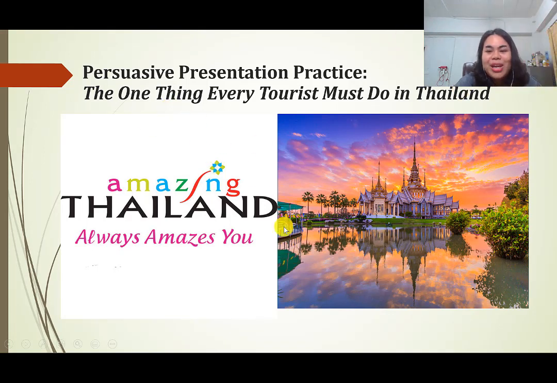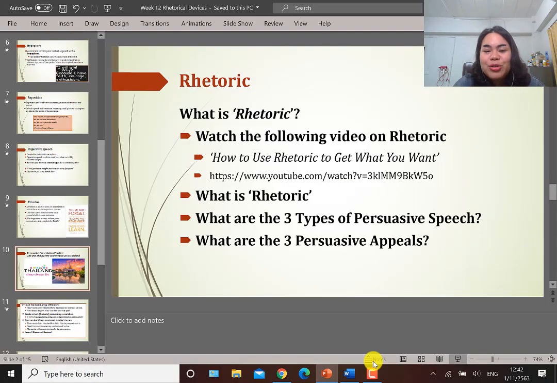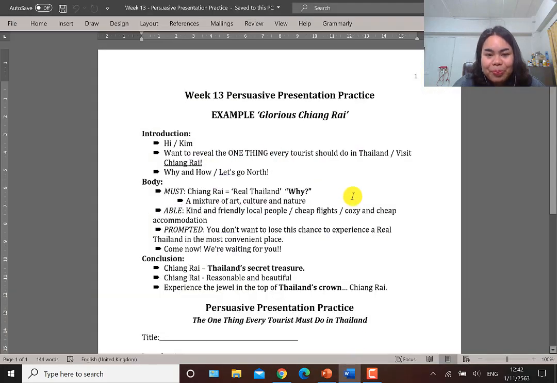So for the upcoming week, when I see you in class, I'm going to show you this outline. It says week 13, but actually it's for next class. I want you to practice it. Think of it: must, able, and prompted. Do you remember that? Why they must do it, how they can do it, and how they are prompted to do it. You already thought of those 3 things, right?